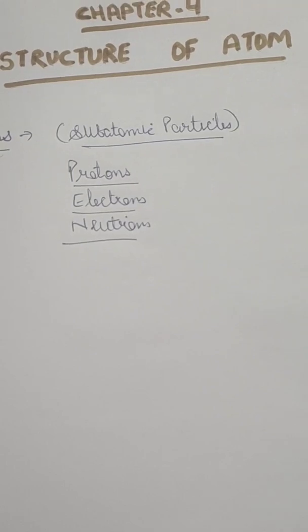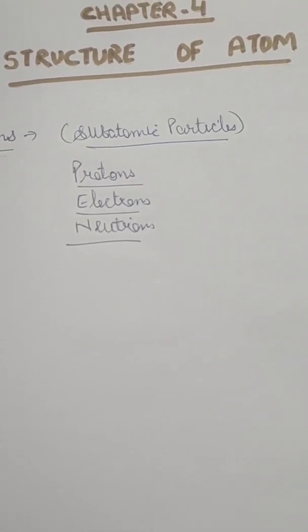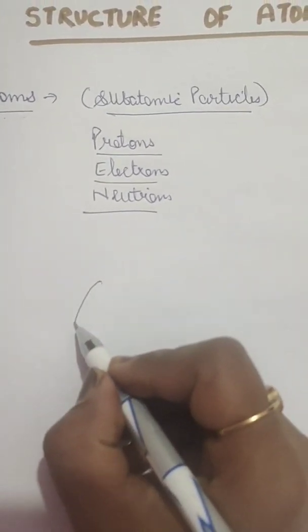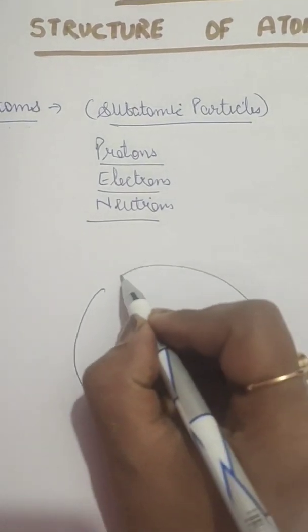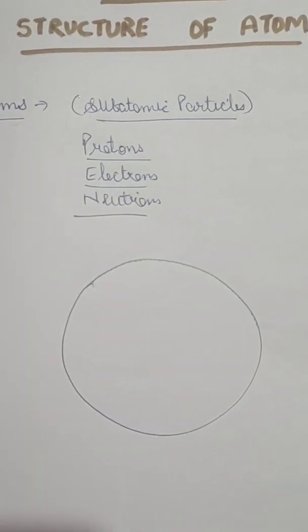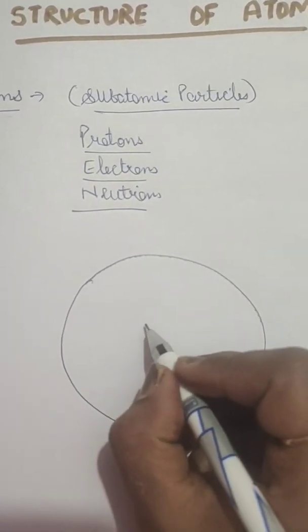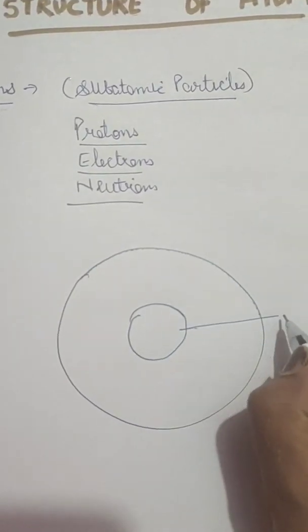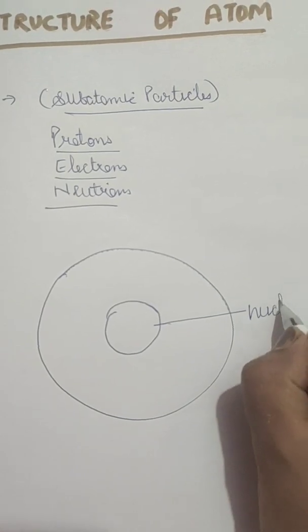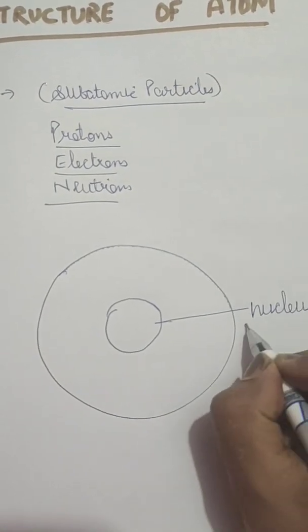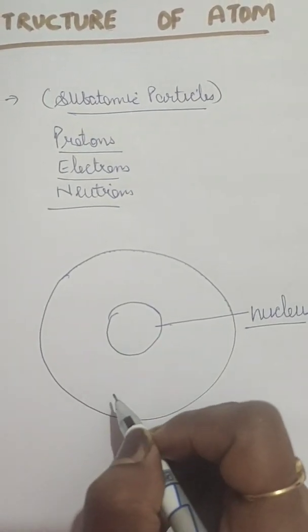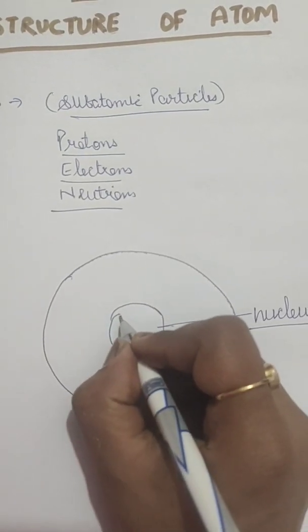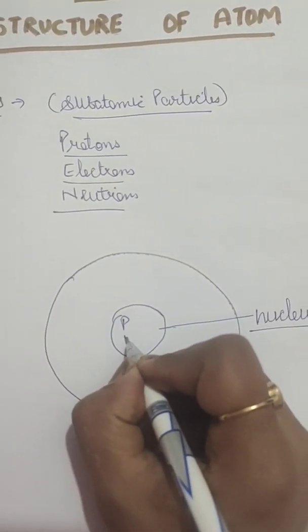and who discovered these. So suppose this is the structure of an atom. Atom is a sphere. In the center it is called the nucleus, and in the nucleus reside protons and neutrons.